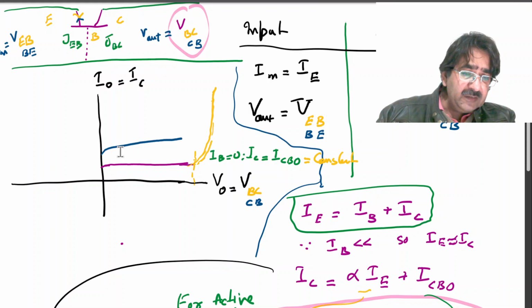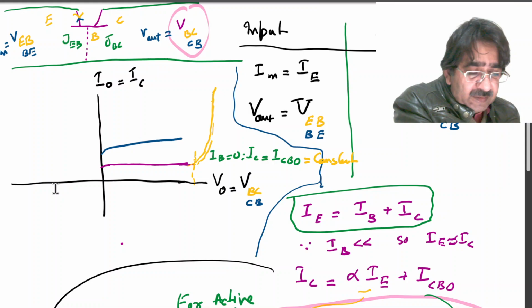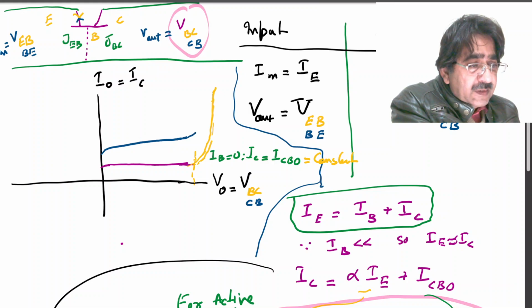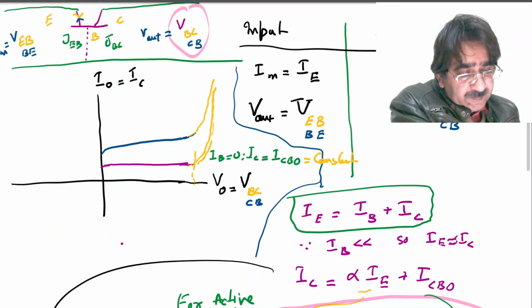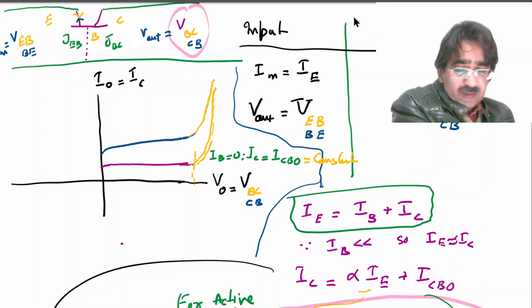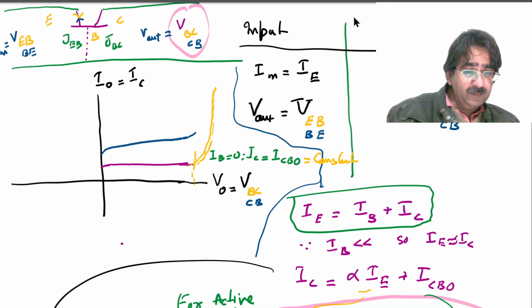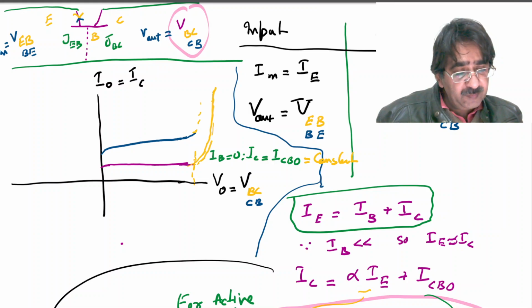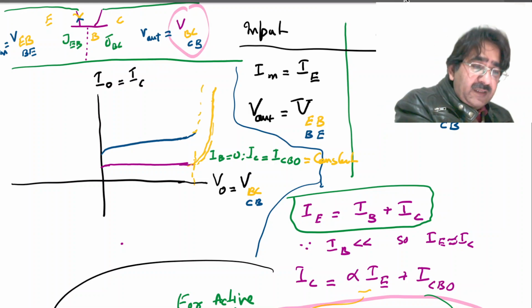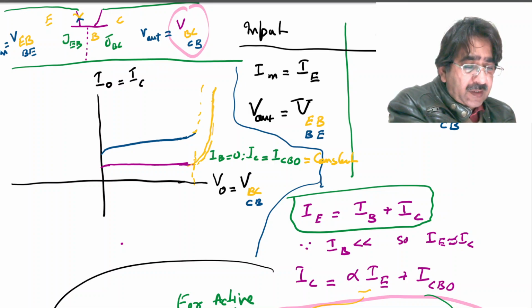For this, there will be some variation, the slope will not be zero, and you must not consider this part.